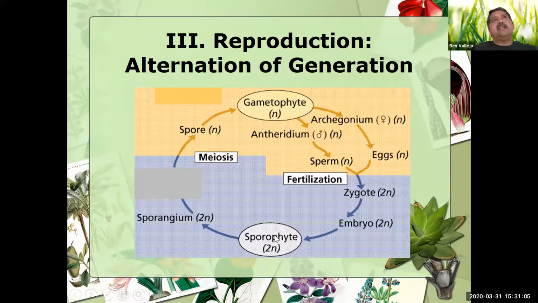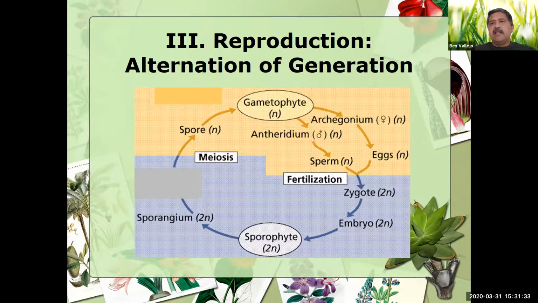So what you're going to see in higher plants is that one of these generations is more dominant, and in higher and higher plants, what we see is the sporophyte is the dominant, and the gametophyte is hard to find. In lower plants, it's the other way around. The gametophyte is the dominant generation, and the sporophyte is hardly found.